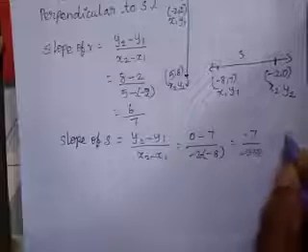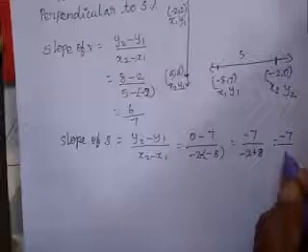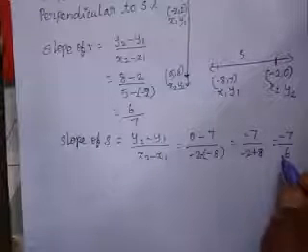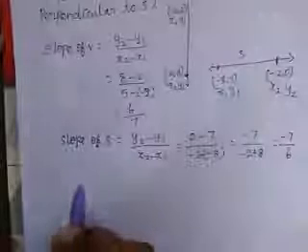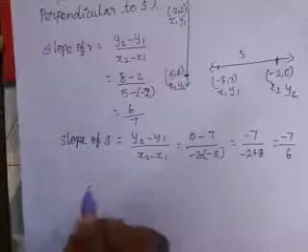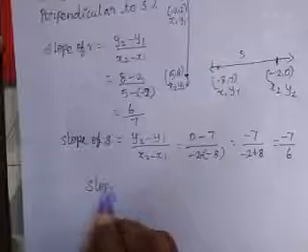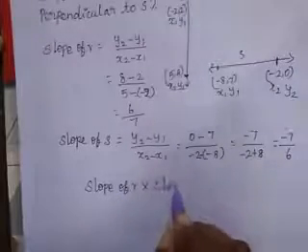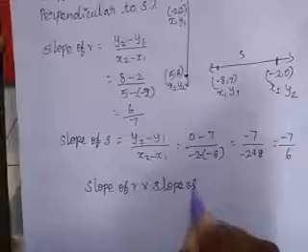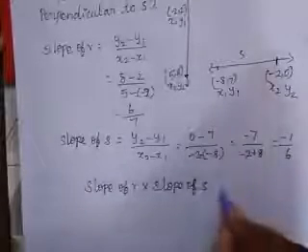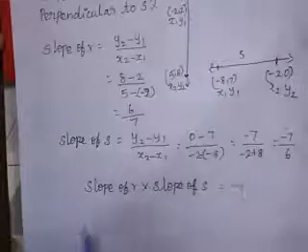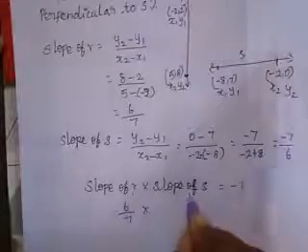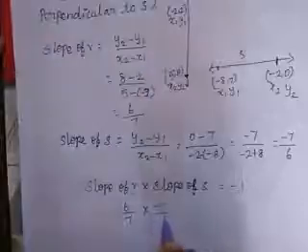That is equal to minus 7 by 8 minus 2 is 6. Minus 7 by 6. The multiplication of both slopes, slope of R into slope of S, we want to get minus 1. So slope of R is equal to 6 by 7. Slope of S is equal to minus 7 by 6.